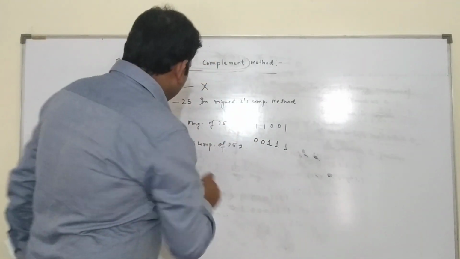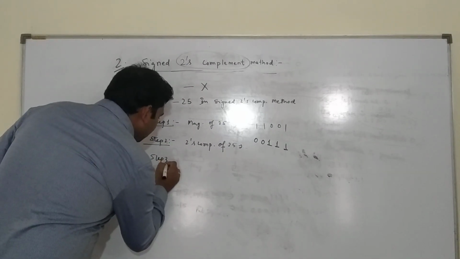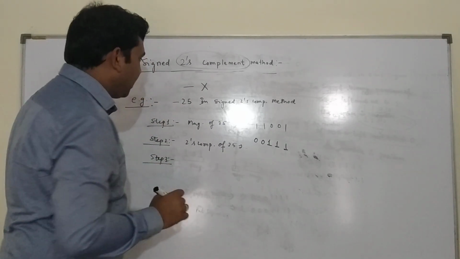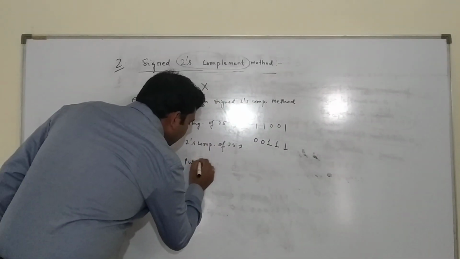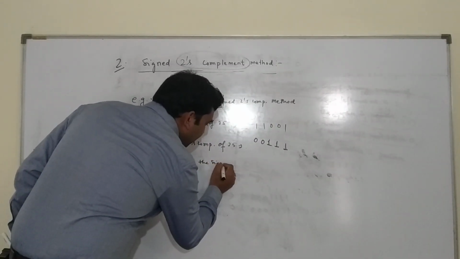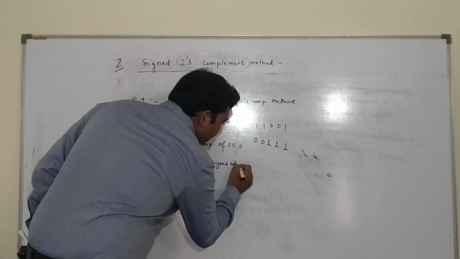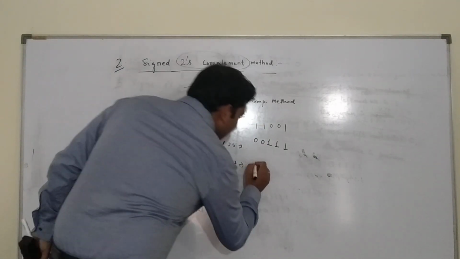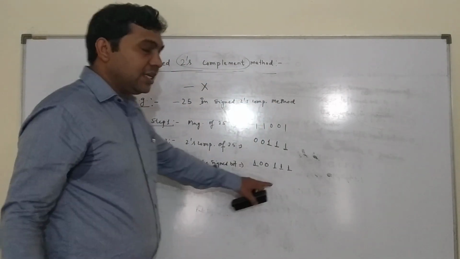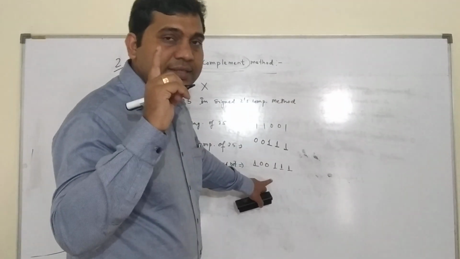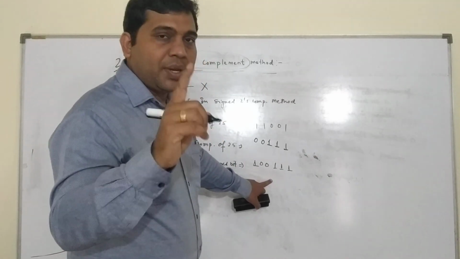Okay. Now, step number 3 is put the sign bit, and that is 1. So 10001 like this. So this is minus 25 in signed twos complement method.